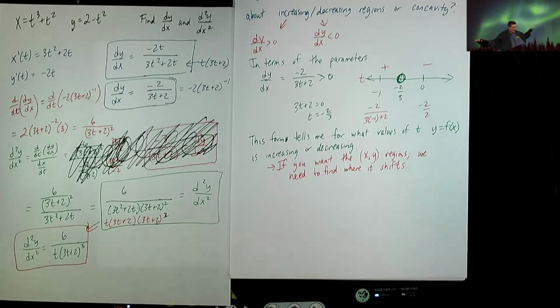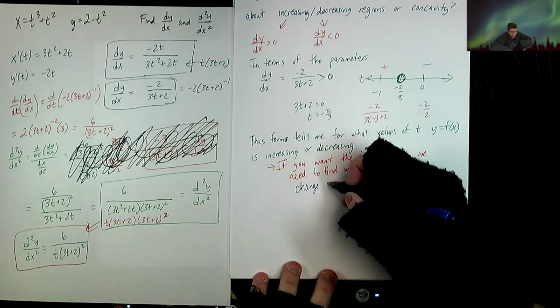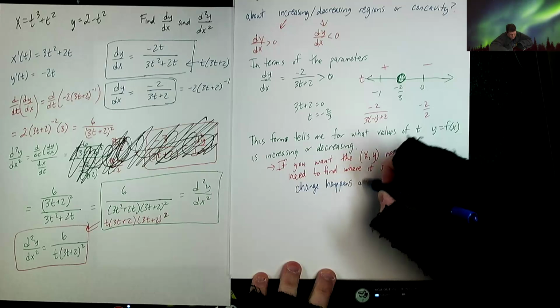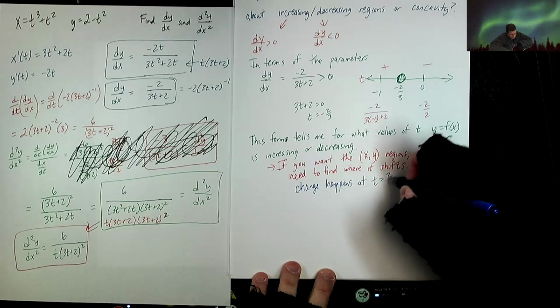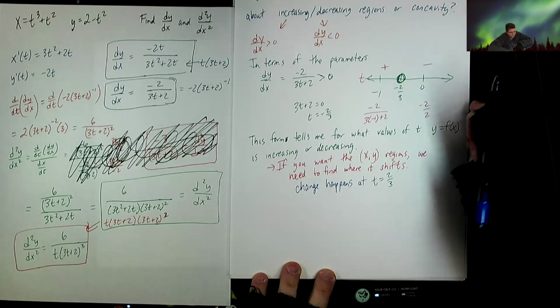Without having a graph for what this looks like, and I don't know that this is going to look pretty when we do it, that's not really telling me a lot, but I do know the change happens at t equals 2/3. And so we could find the x and y values that that correlates to.